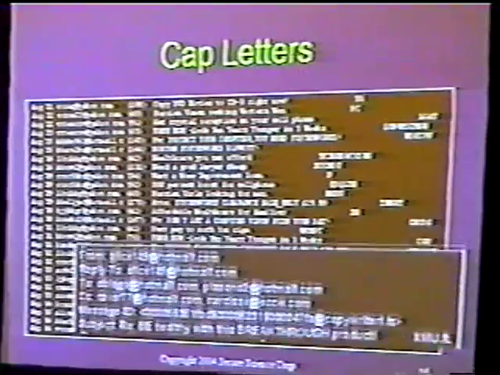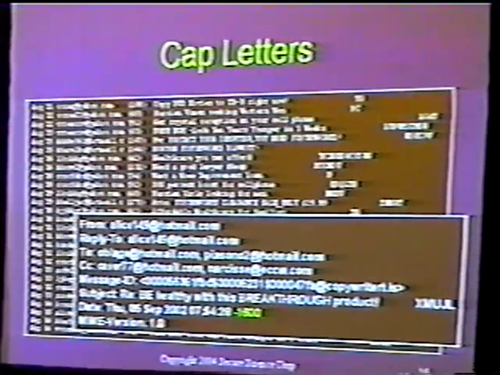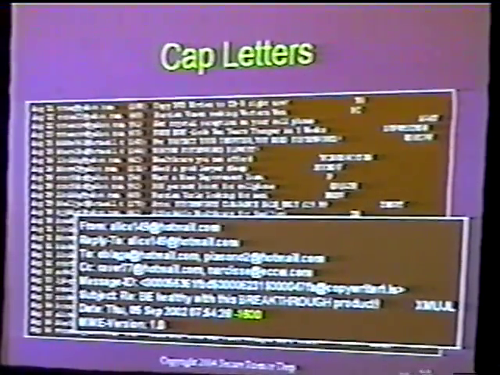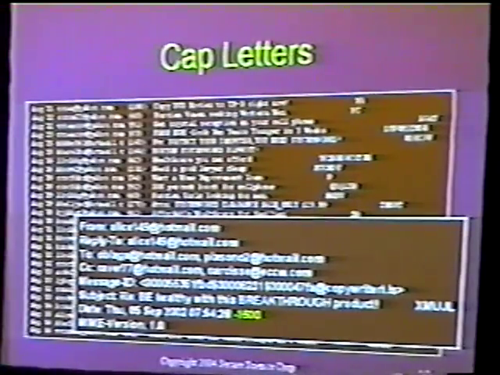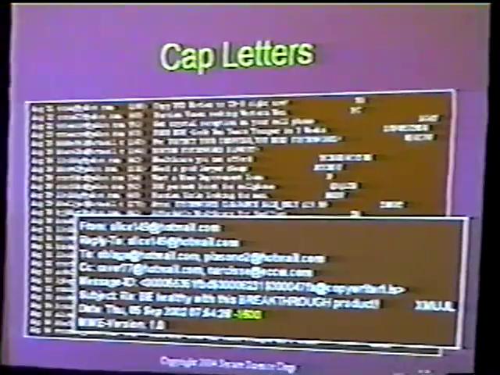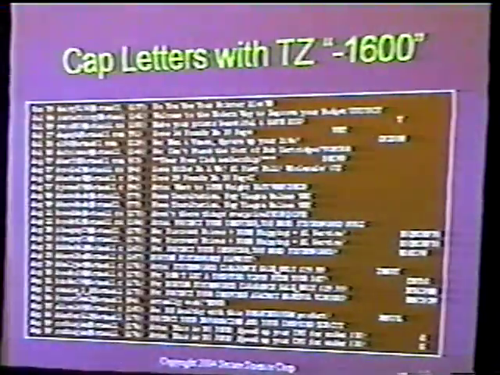For example, there's a significant number of emails that have a date with a time zone of -1600 or -1700 hours. Now, for those of you who don't know how time zones work, on planet Earth, there is no time zone -1600 hours. This makes it pretty unique. So if we just take a look at all the emails with a time zone -1600 hours and a capital letter hash buster on the subject line, we end up with a large amount of organization.